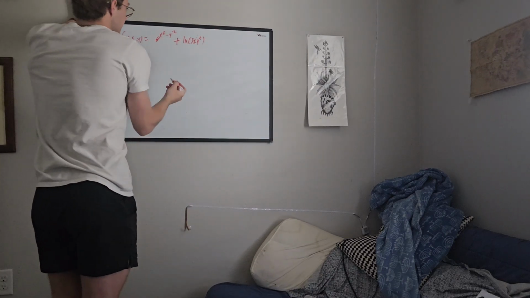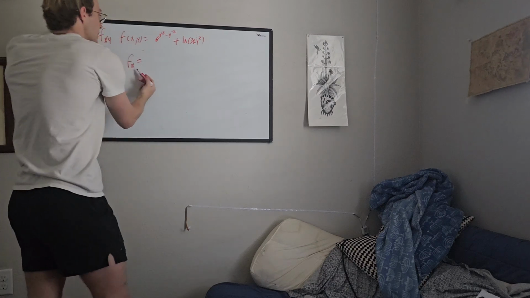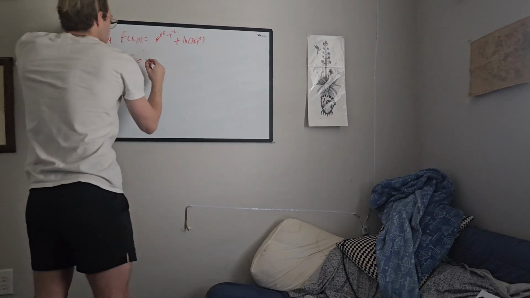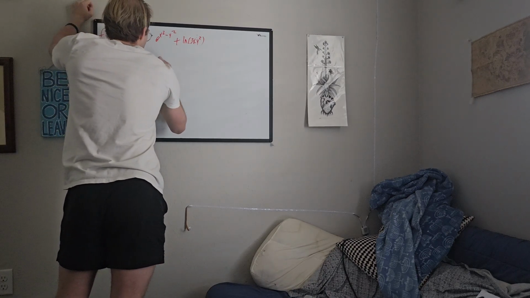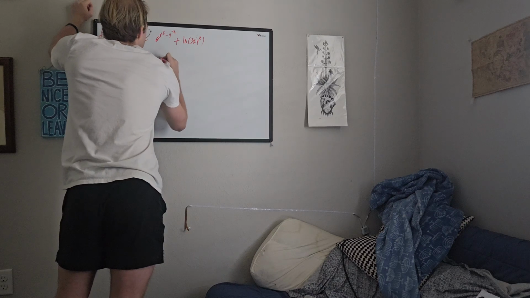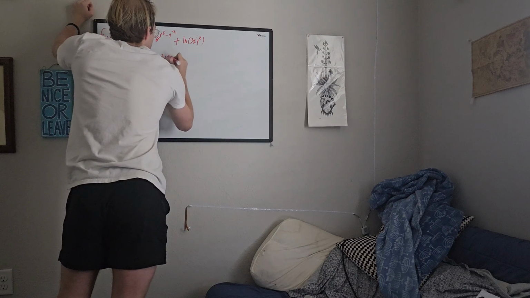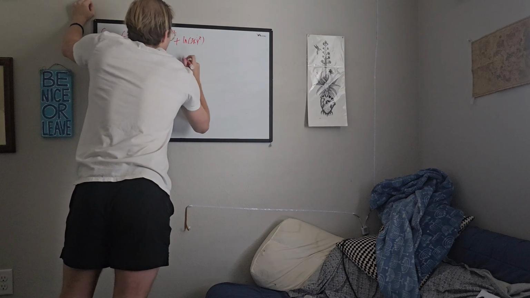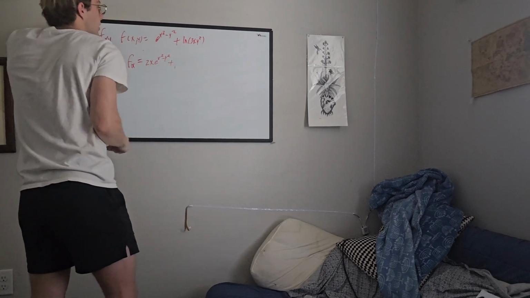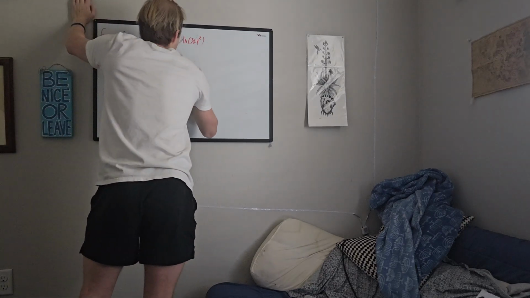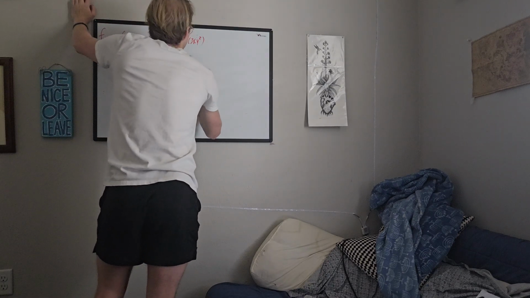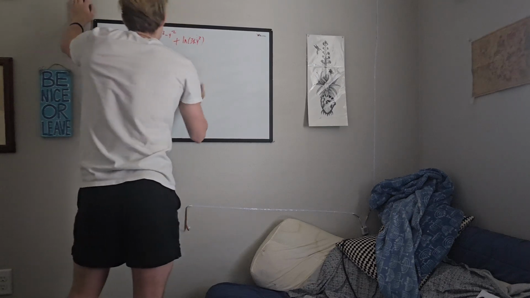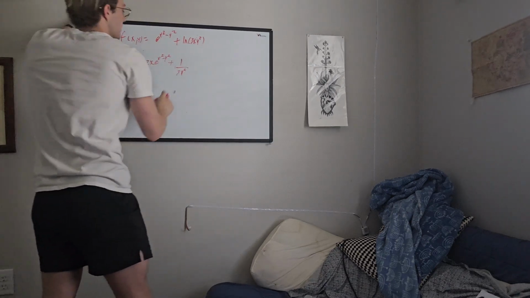So if you take the derivative with respect to x first, it's going to be 2x e to the x squared minus y squared plus natural log becomes 1 over 3y squared. No, it's not that.